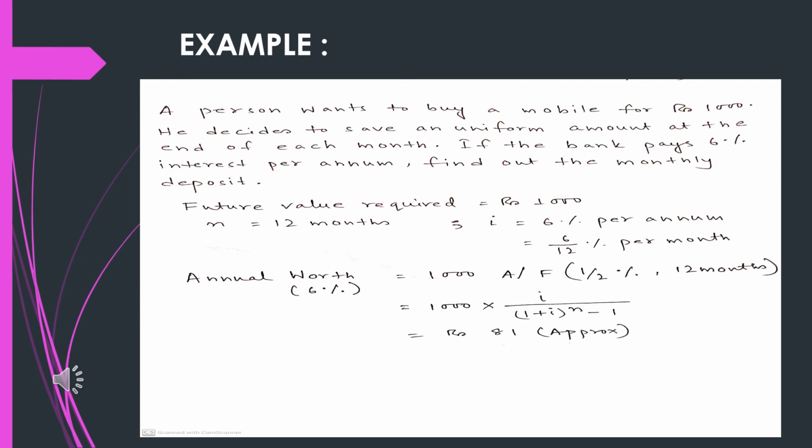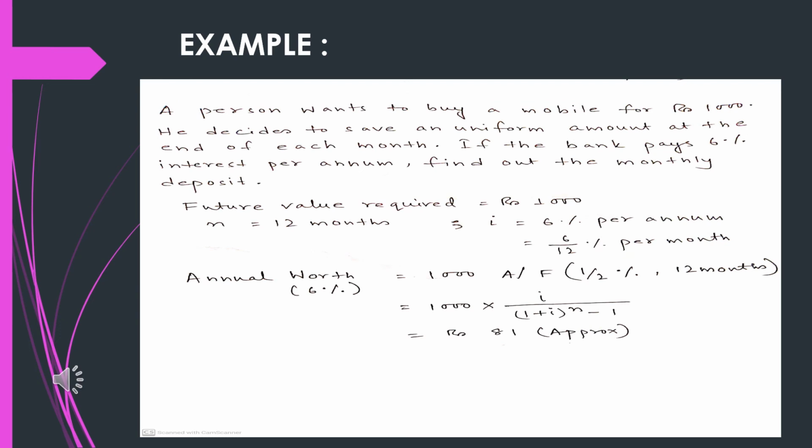So if we are keeping the money in the bank each month, the 6% is divided by 12, which transfers the interest rate into 0.5% per month, compounding monthly, not compounding yearly.